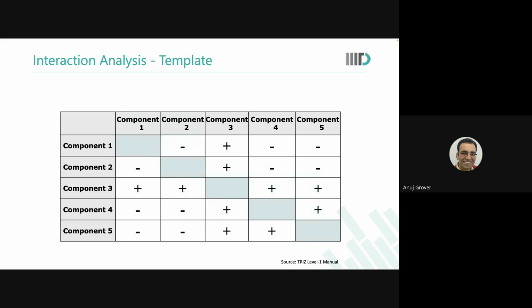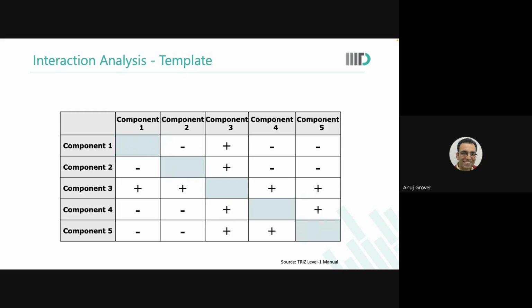So what does interaction analysis require? Interaction analysis requires us to build a table where on the x-axis, on the first row, and on the first column, we put all the components, repeated in the same sequence. So component 1, component 2, component 3, and so on. Component 1 obviously is component 1.